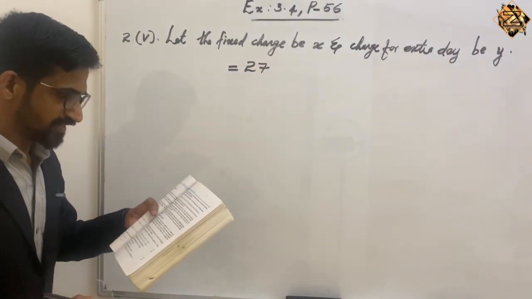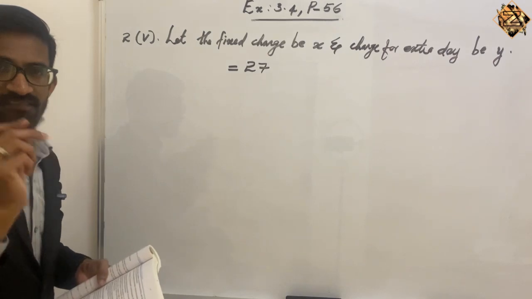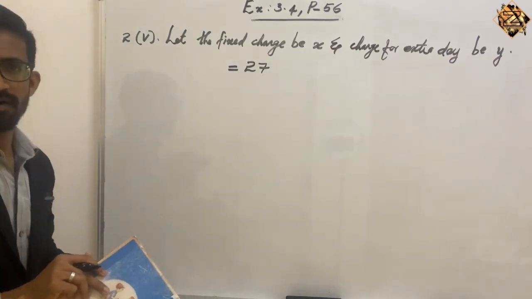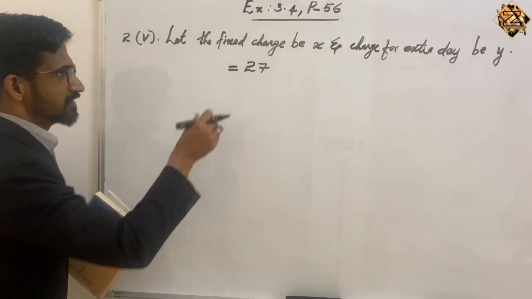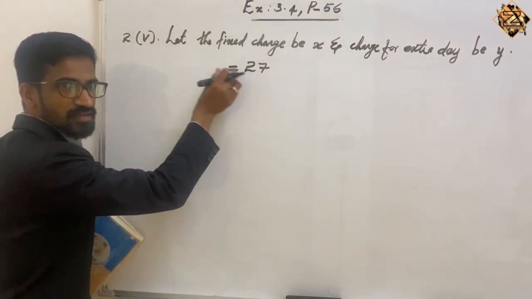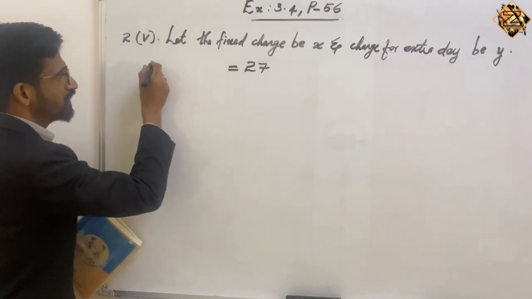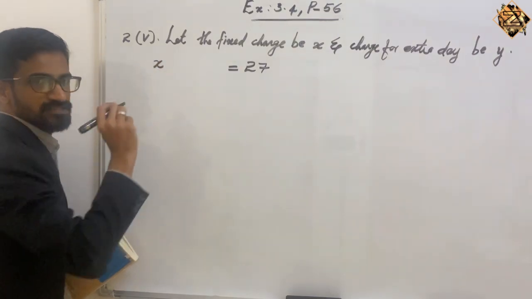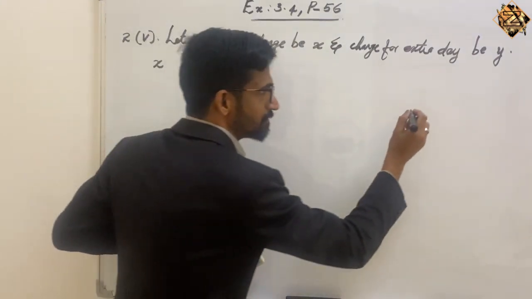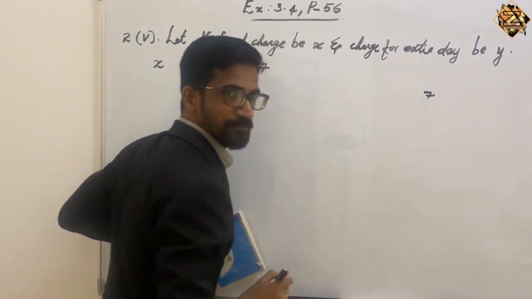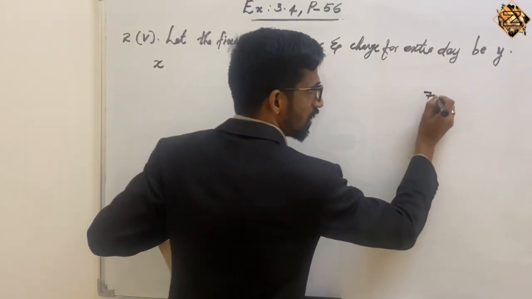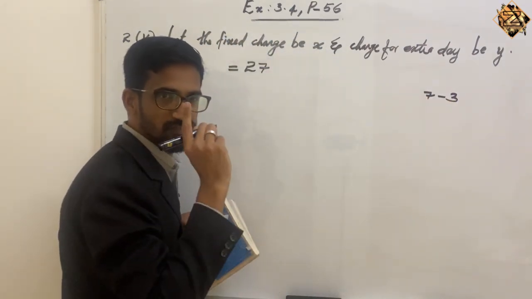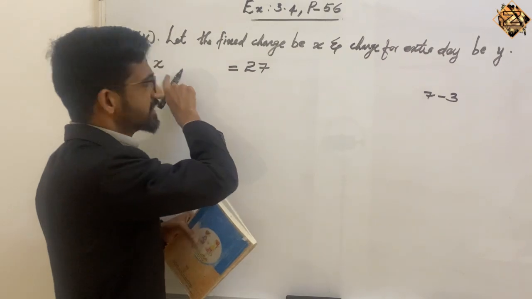Okay, in the question, the first statement: Sarida paid rupees 27 for a book kept for 7 days. So how will we make an equation using that? We know there is a fixed charge of rupees x for 3 days. The total number of days Sarida kept it is 7, so out of that, for 3 days a fixed charge of rupees x she has to pay.